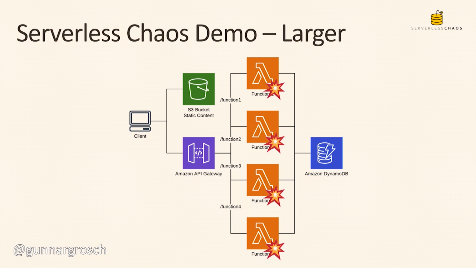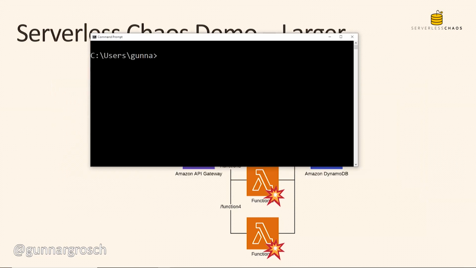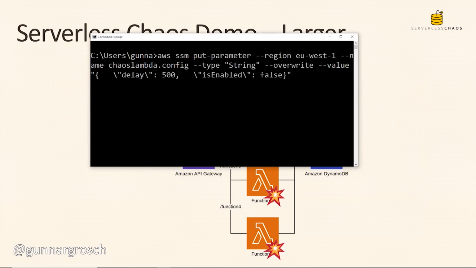Since the parameter just says to enable or disable, we would inject latency into all functions. And that, of course, would create something that perhaps isn't what we really want, because then we're not able to see how the application behaves if function 1 has latency or if function 3 has latency. We can just try it out to see what it actually would look like.